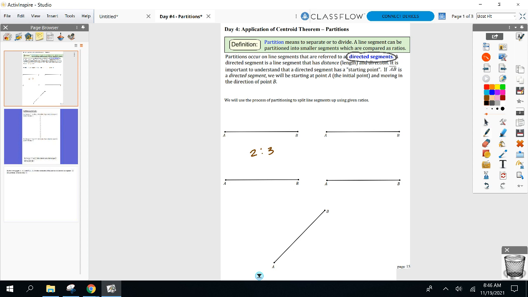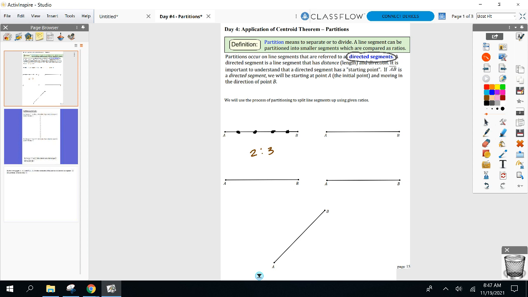How many equal parts is that going to be? 2 to 3, how many equal parts am I going to break this up into in total? 5. Everyone agree? So let's try to break this up into 5 equal parts. 1, 2, 3, 4. So just eyeballing it right here, I've broken that line segment AB into 5 equal parts.